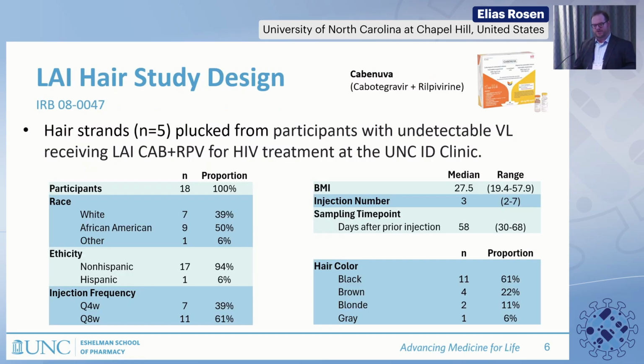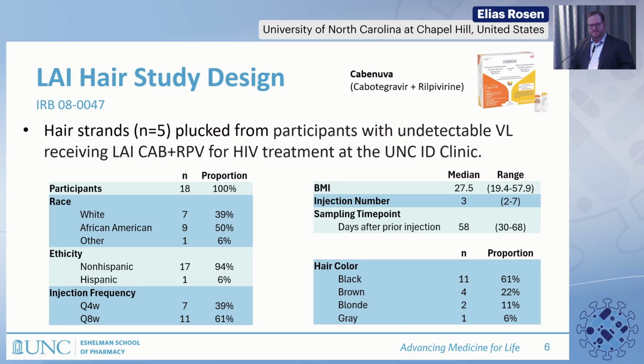So we undertook a small pilot study in which we collected 5 hair strands that were plucked from participants with undetectable viral loads who were receiving long-acting cab and rilpivirine for HIV treatment at the UNC ID clinic. The only exclusion criterion in this study was that no salon-level hair treatment be reported.